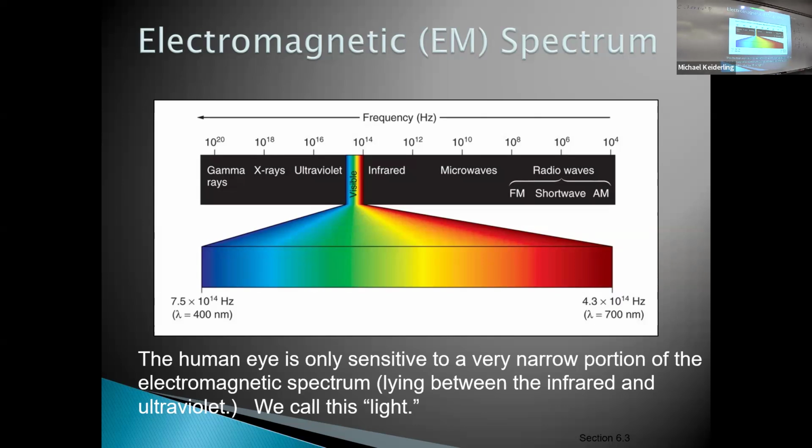You generally need something relatively extreme to generate them, or something radioactive. They come from space, but the atmosphere absorbs them. And the ultraviolet gets absorbed by the ozone layer. But skin cancer could be a problem from ultraviolet.